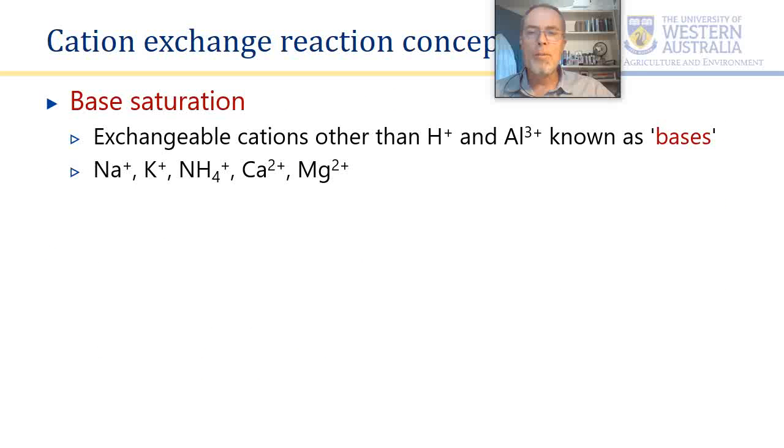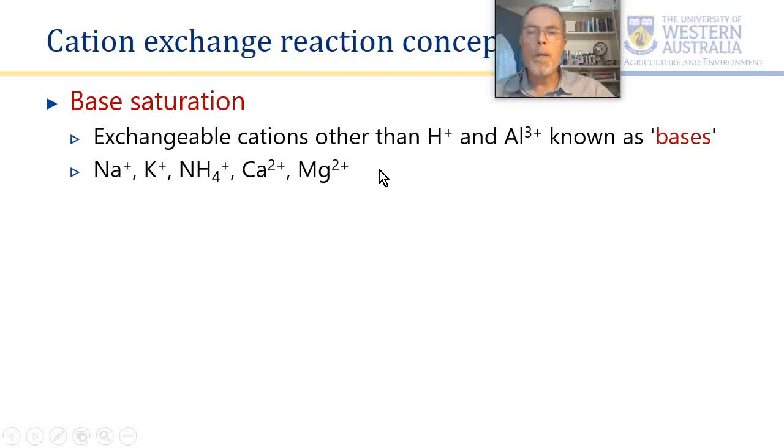Some more concepts. Base saturation. Okay. Before we do that, one of the learning outcomes was that you would know the ions for which cation exchange is important, and they're all on the screen right now. The ones that we usually consider, particularly from a bioavailability point of view, are sodium, potassium, ammonium, calcium, and magnesium.